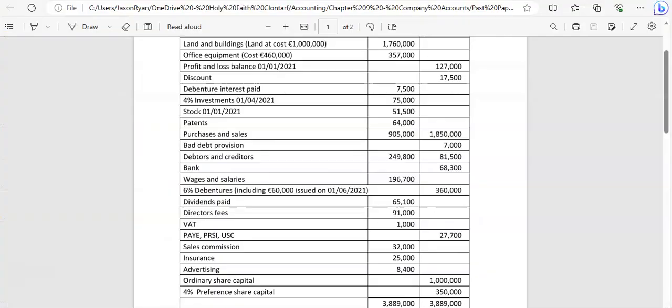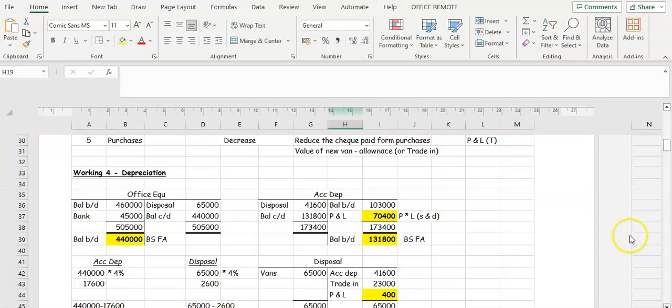Then we're going to keep on working down through each one of these. So discount. Discounts are on the credit side, so it's an income, so it's not going to go in there. Debenture interest, investments, stock, patents. So we have patents. We've got the written off figure that will go in here as part of administration. So we're going to have a look at our working for patents.